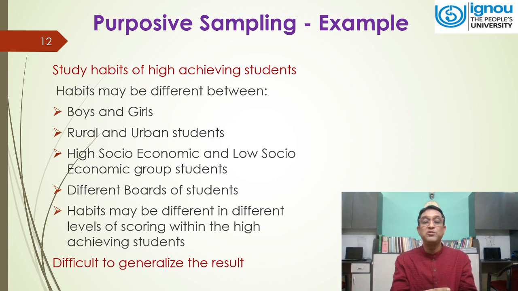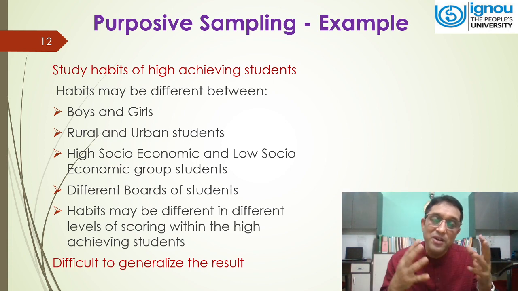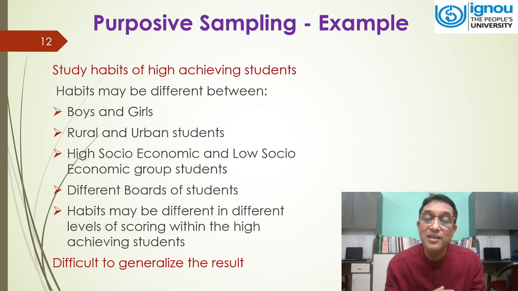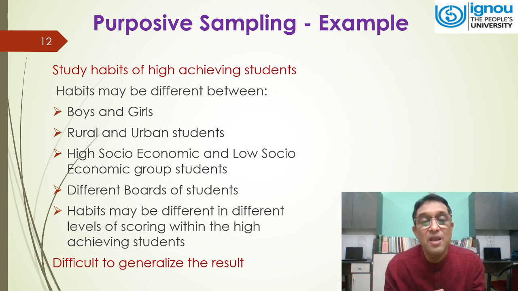And here let me say that though it is a good study, because it shows the researcher's involvement and deep understanding of the study, still it is very difficult to generalize the result, to generalize the findings, of a study conducted by selecting a purposive sampling method. This is because you are not doing any type of randomization here. Okay, you are also giving space for certain types of sampling error.